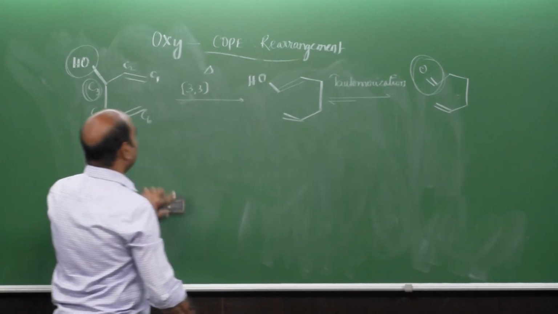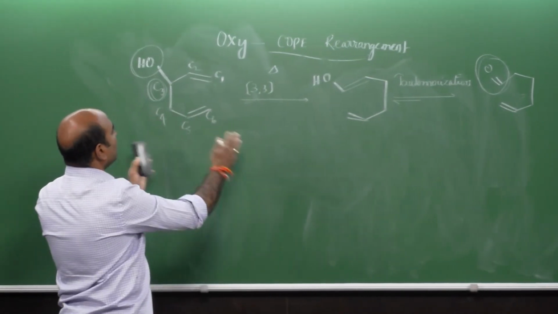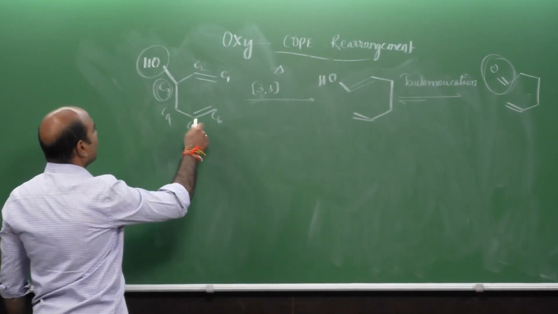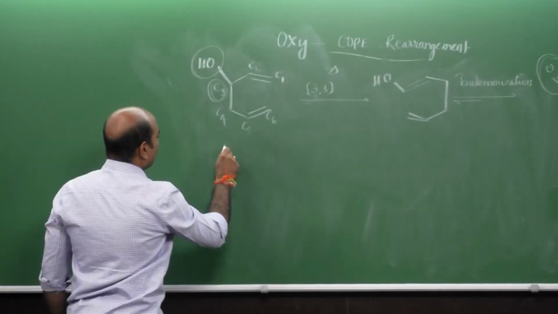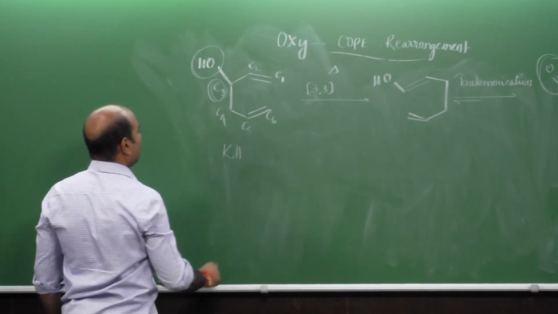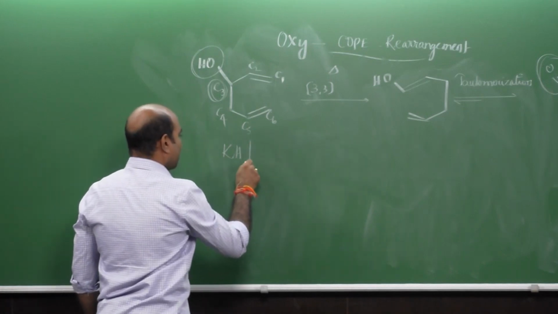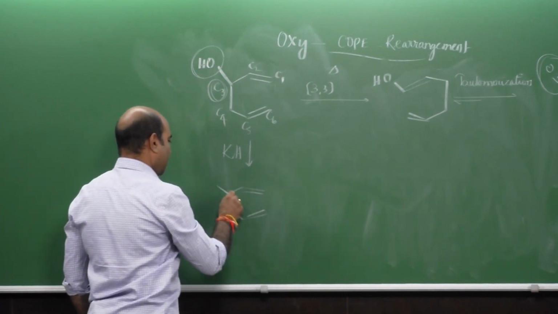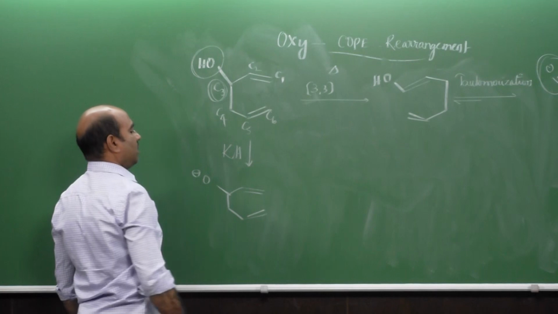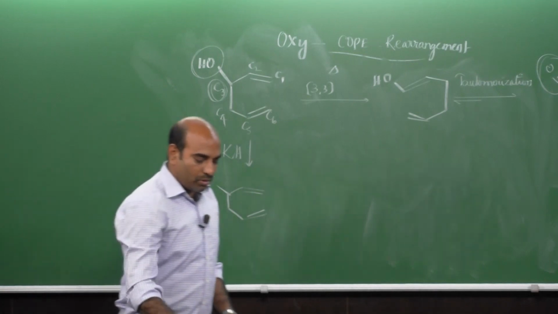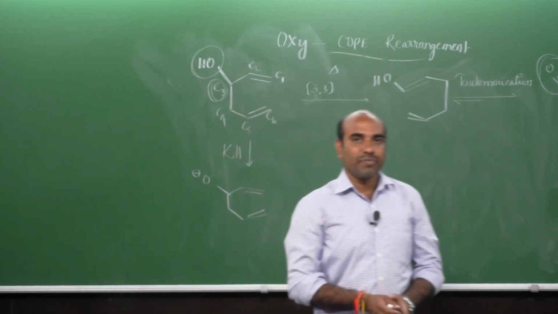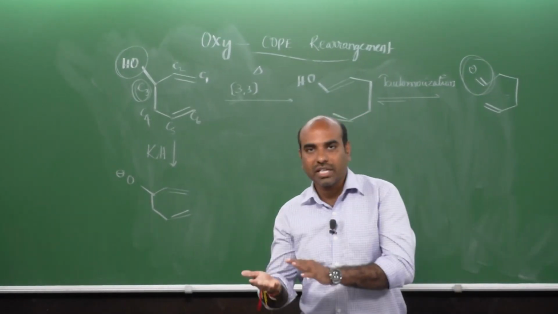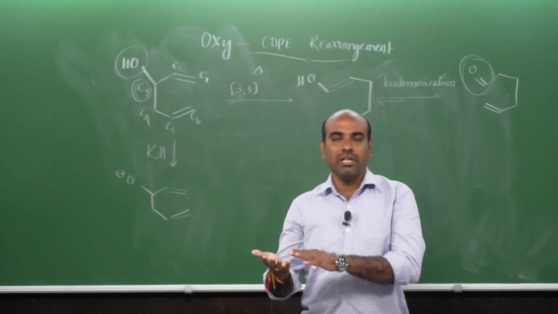So what if, before undergoing the 3,3 rearrangement, I add a base? What happens here is it becomes this one. One question you may ask is, we have already discussed that no pericyclic reaction will involve the generation of an ionic species, right?